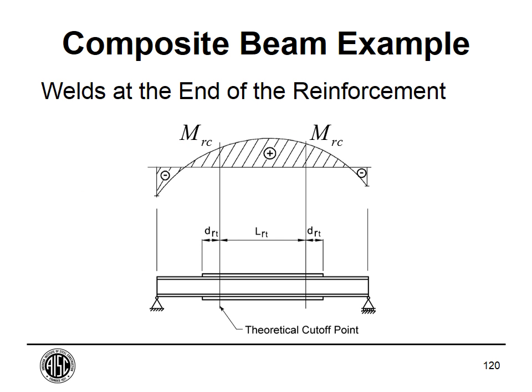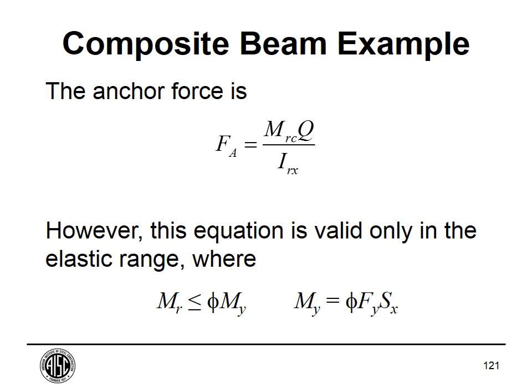The last thing we'll do is design the welds at the end of reinforcement. What we're talking about is beyond the theoretical cutoff point. We need to develop the welds over that distance. If you go back to strength of materials or statics courses, you'll know that the anchor force is MQ over I, like we talked about earlier.